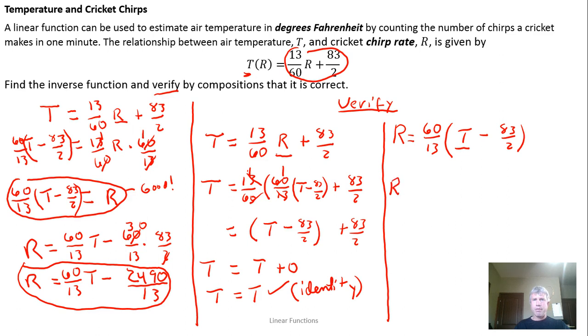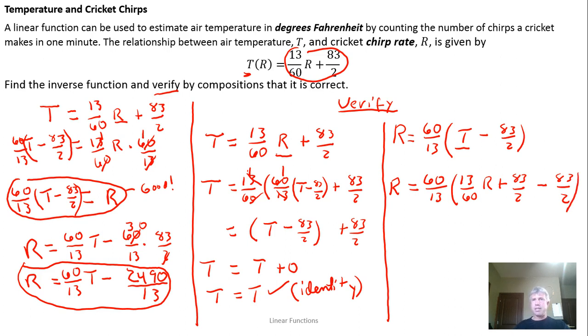So we get r equals 60 over 13 times t, but t is the same as 13 over 60 times r plus 83 over 2. And then that stuff has to have subtracted from it the 83 over 2.